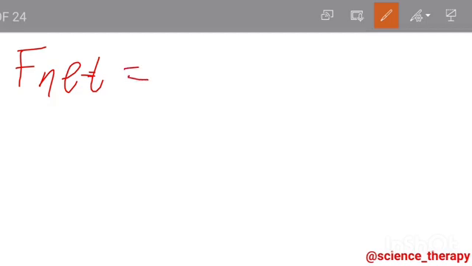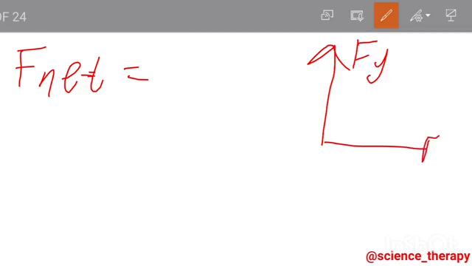You need to now use the Pythagoras theorem, because if it's going that way, your Fy, and this is your Fx moving that way. Now to get your F net, you need to draw this here. And now you can see that this becomes a right angle triangle. So you're going to get your F net as your hypotenuse side. So when solving your F net for two-dimension vectors, always know that you will use Pythagoras theorem.